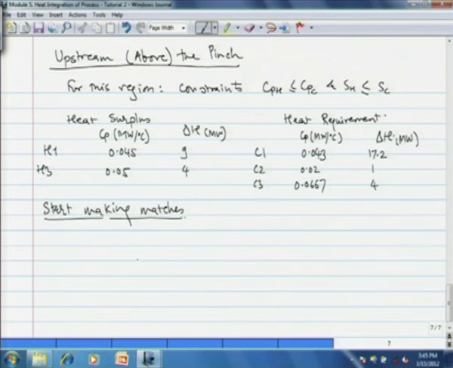Now, H1 can match, H1 has a CP value of 0.045 and it cannot match with C1 and C3, or C1 and C2, but with C3.